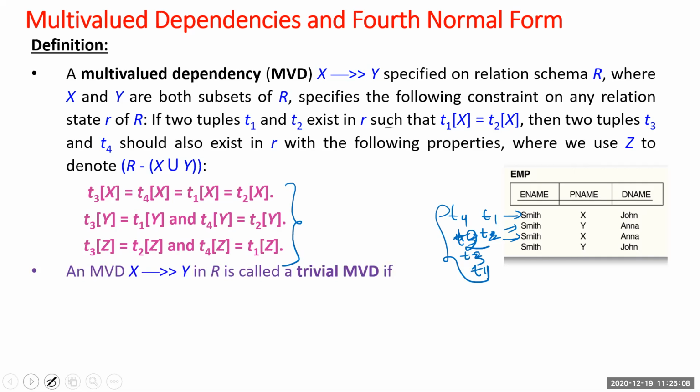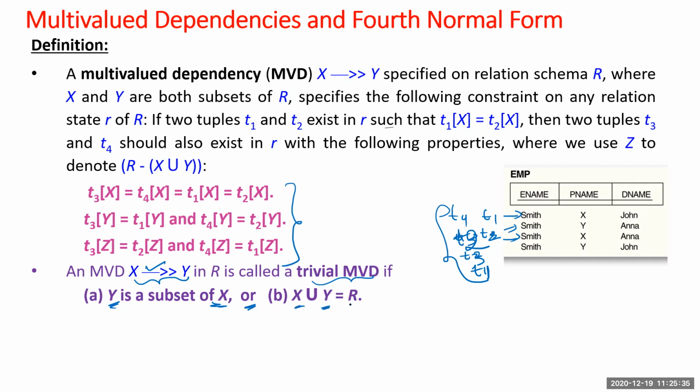Is it clear? So this is multivalued dependency. Now, a multivalued dependency is called trivial, a good multivalued dependency which you can accept, when y is a subset of x, or the union of x and y is equal to r.